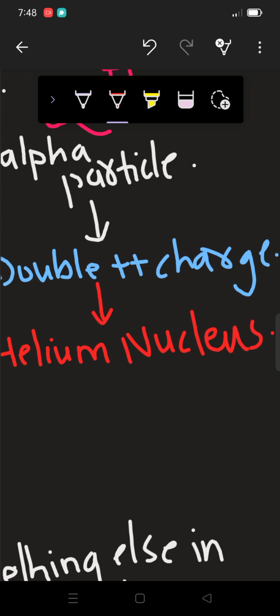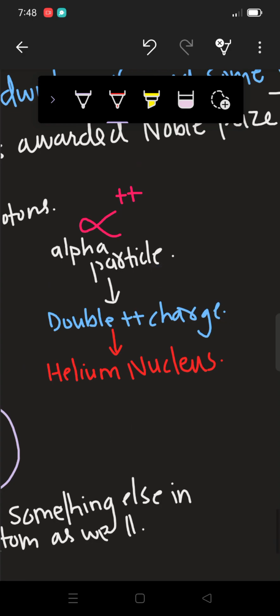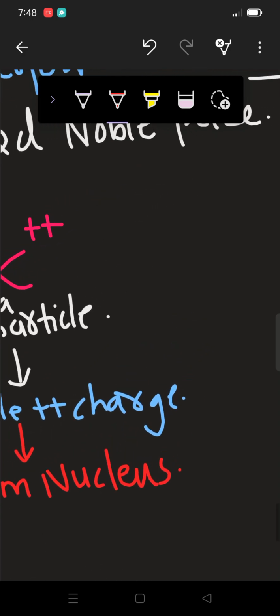Neutron have no charge and proton have 1 positive charge each, so this is helium nucleus, since this has 2 positive charge as well.